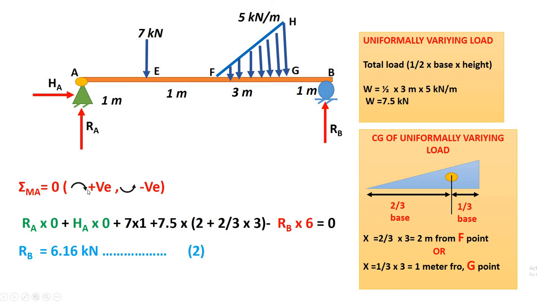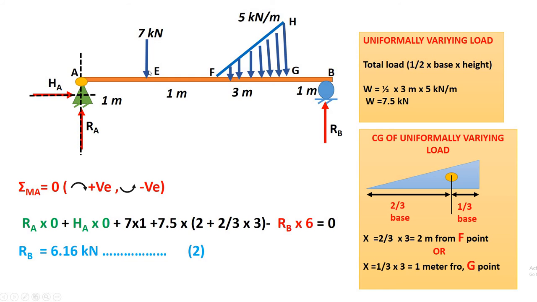Our assumed sign convention is clockwise positive and anti-clockwise negative. The line of action of RA and HA is passing through point A only, so we don't have any distance of these two forces from point A. So RA into 0 plus HA into 0.